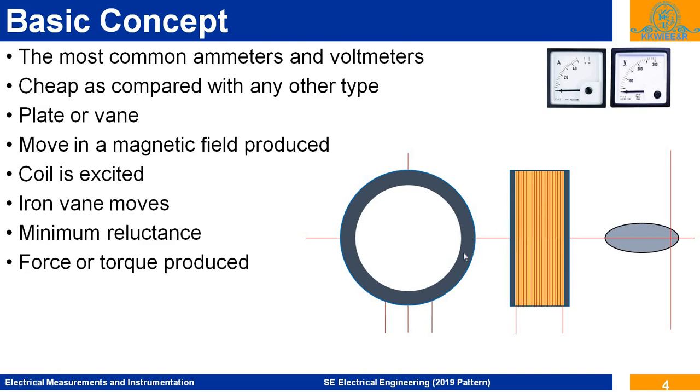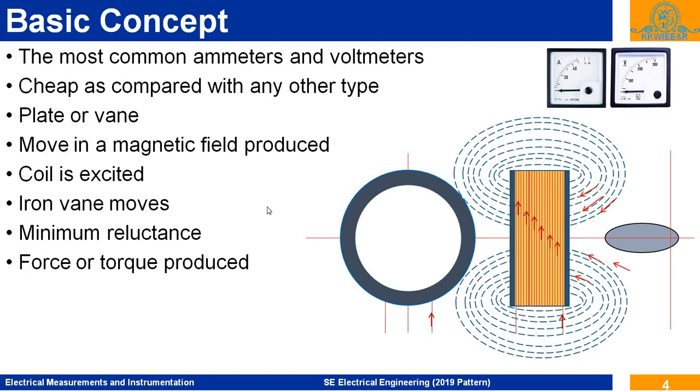So when we connect this stationary coil to the measuring quantity, and current is flowing through this stationary coil, the magnetic field is generated. Based on the right hand rule, we can find out the direction of this magnetic field lines, and north and south poles are formed because of this magnetic field.